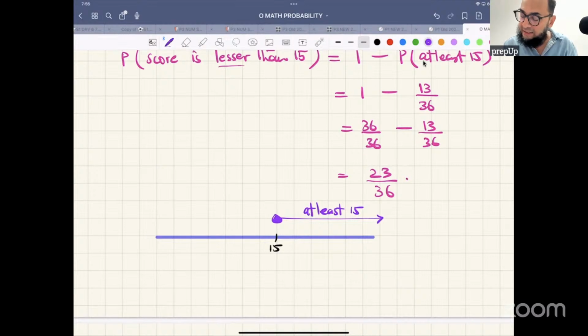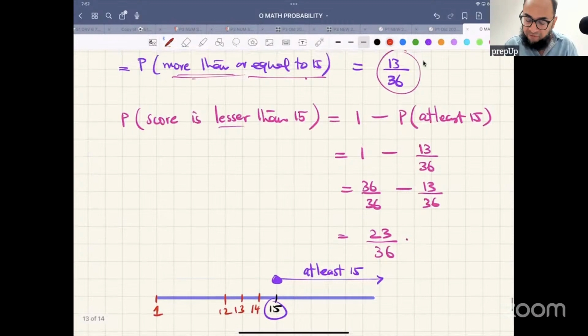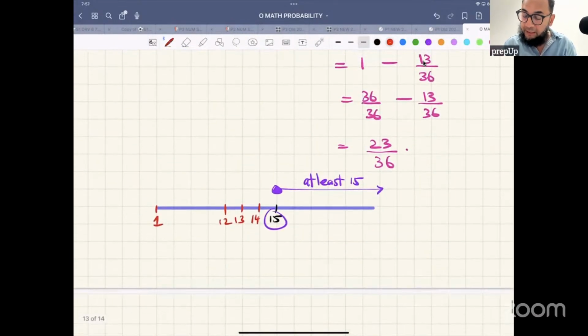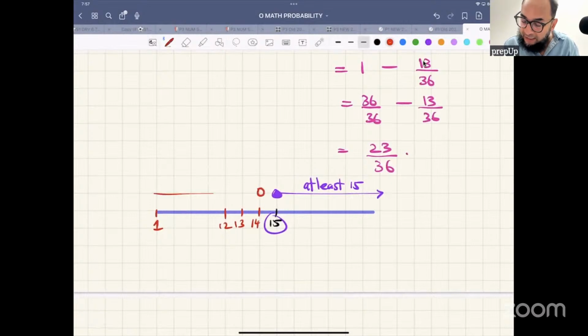And this is the number line for the score. That means less than 15, the next number could be 14 or 13 or 12 or anything all the way till 0. I mean, there is no 0 in the product. There could be a 1 over here. Yes, there is a 1. So therefore, this thing is the next one. This is lesser than 15.